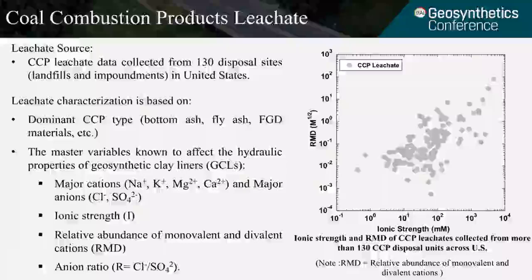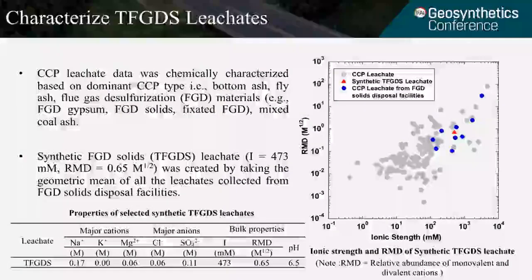In the right figure, you can see the ionic strength of the CCP leachate can be very dilute, about a few millimolar, all the way to more than 4,000 millimolar. So it can become very aggressive. For this study, we focus on the effect of FGD leachate on the performance of BP-GCL.